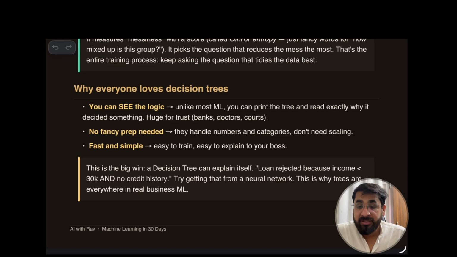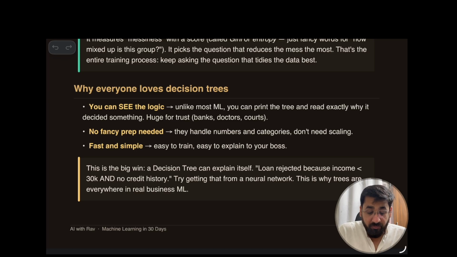You can print the entire decision tree and check why it is giving a particular result. This is a huge advantage, because it builds trust. If your boss asks why you did that, you can directly give the logic, and that's the reason it is used in banks, doctors, courts, everywhere.